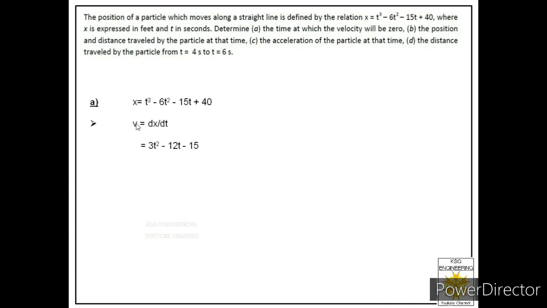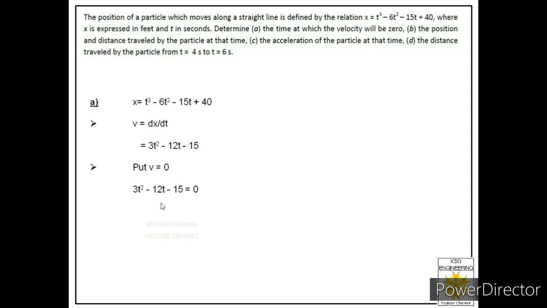So we got the equation of velocity. Now we have to find at what time this velocity will be 0. So we put v equal to 0 in this equation, v equal to 3t square minus 12t minus 15, and we get a quadratic equation: 3t square minus 12t minus 15 equal to 0.